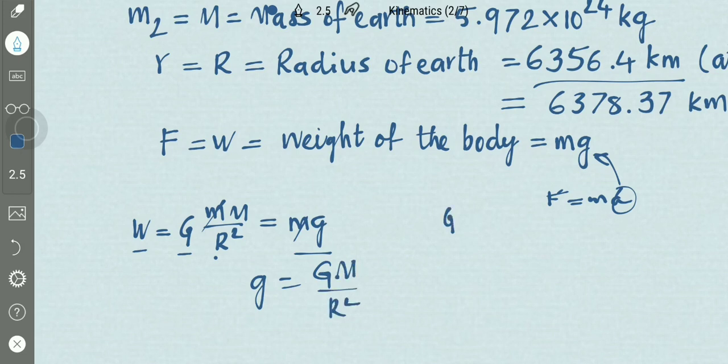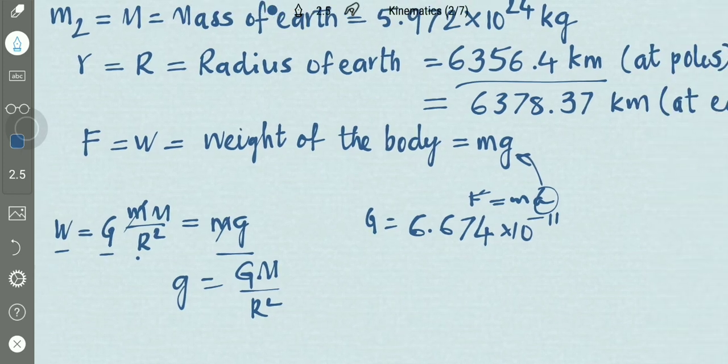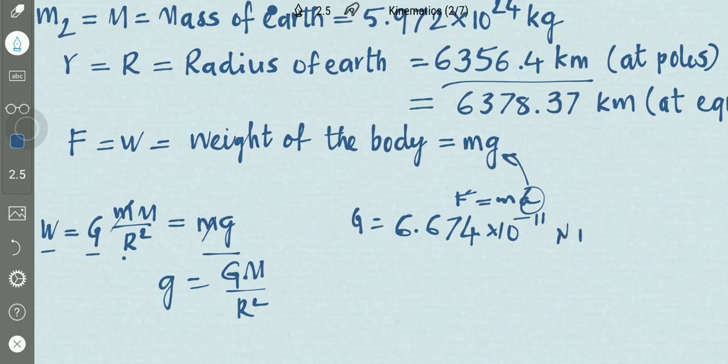So what is the value of G, universal gravitational constant? G is 6.674 into 10 power minus 11. What are the units? Newton meter square per kg square are the units of universal gravitational constant.